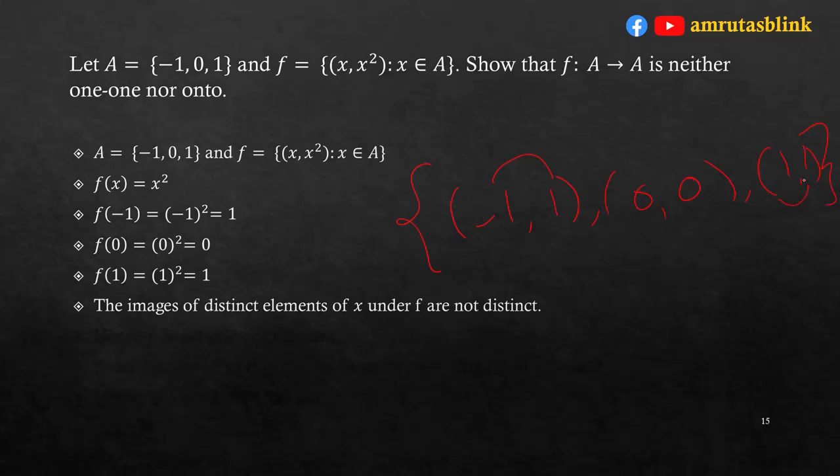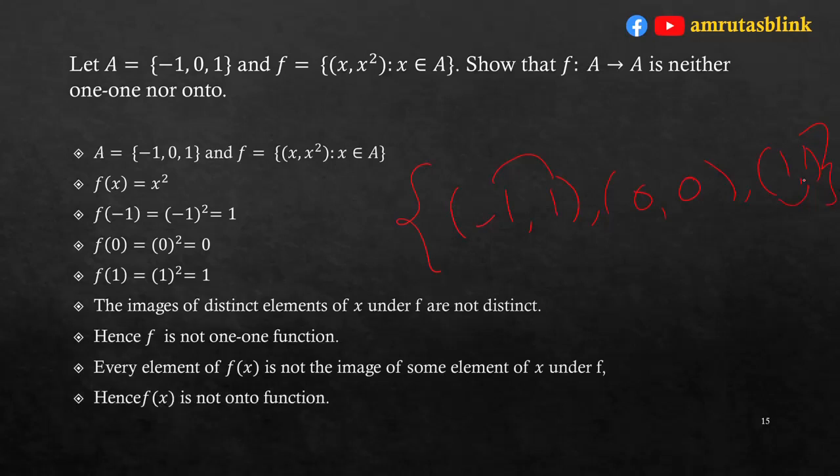So it is not a 1-1 function. Similarly, if -1, 0 and 1, all these three elements are there in the codomain, then -1 does not have any pre-image from set A, hence f is not an onto function also. So hence we can prove that f is neither a 1-1 function nor an onto function.